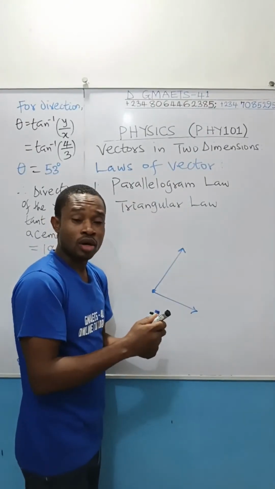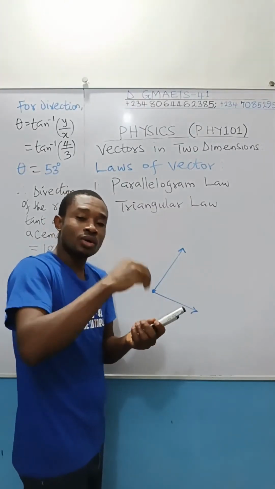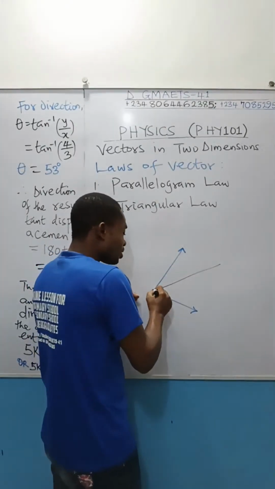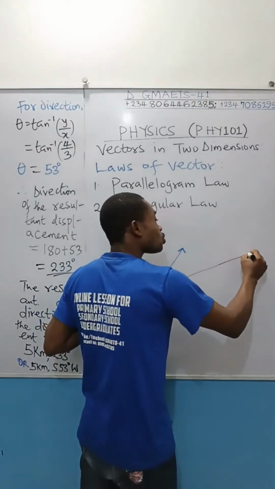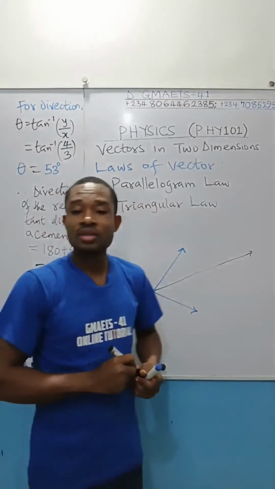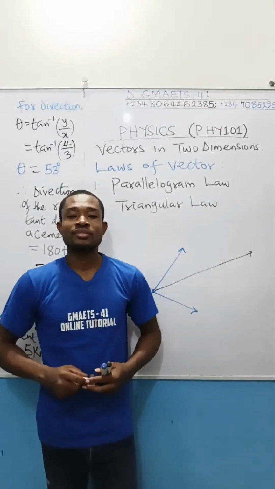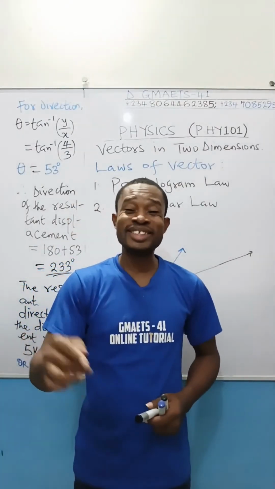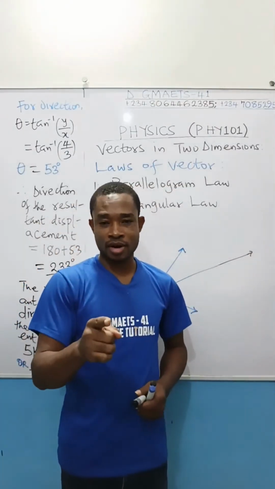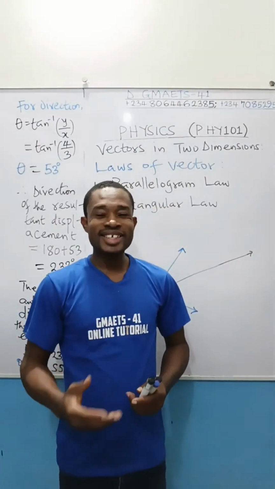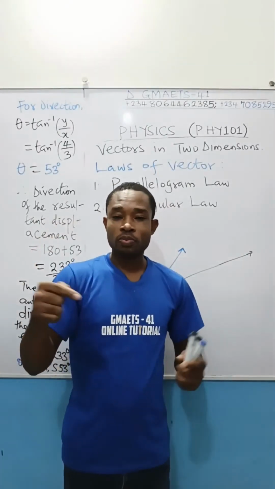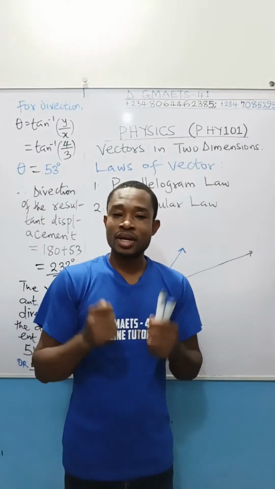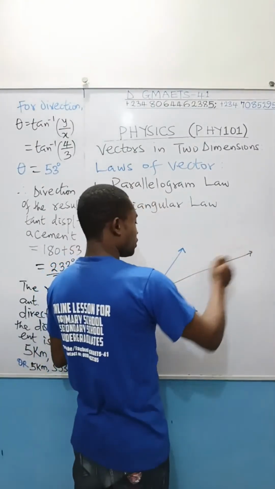That is to say, the resultant is the diagonal you will draw from where these two vectors intersect. And that resultant, which is the diagonal that you're going to draw, will also be represented in magnitude and in direction. Finally, when two vectors are represented in magnitude and in direction by the adjacent sides of a parallelogram, the resultant of the vectors is the diagonal drawn from the point of intersection of the vectors, also represented in magnitude and in direction. So this is the resultant.